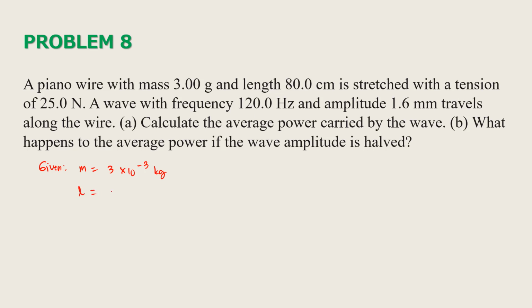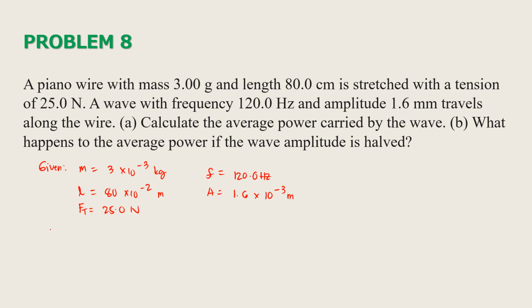We have the length, which is 80 times 10 to the minus 2 meter. And then we have the tension F sub T, which is equal to 25 newtons. We are also given the frequency of the wave traveling along the wire, which is 120 hertz, and it has an amplitude of 1.6 millimeters, or 1.6 times 10 to the minus 3 meter.